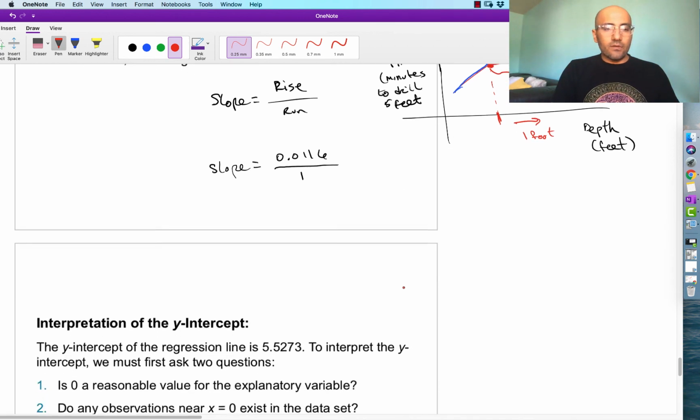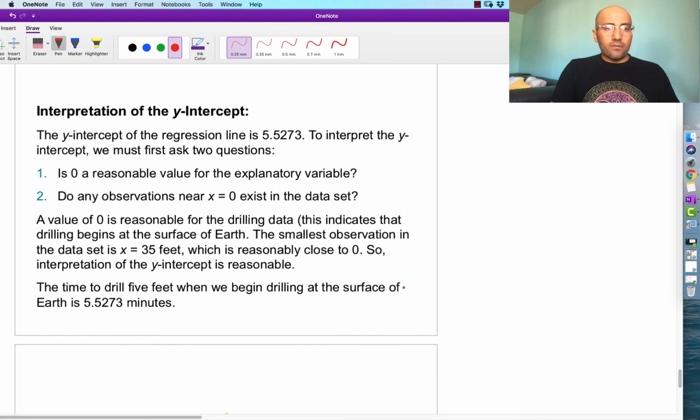Interpreting the y-intercept point. The y-intercept of the regression line was 5.5273. To interpret the y-intercept, we must first ask a couple of questions. Is 0 a reasonable value for the explanatory variable? And in this case, it is. X was how deep you are before you start drilling.